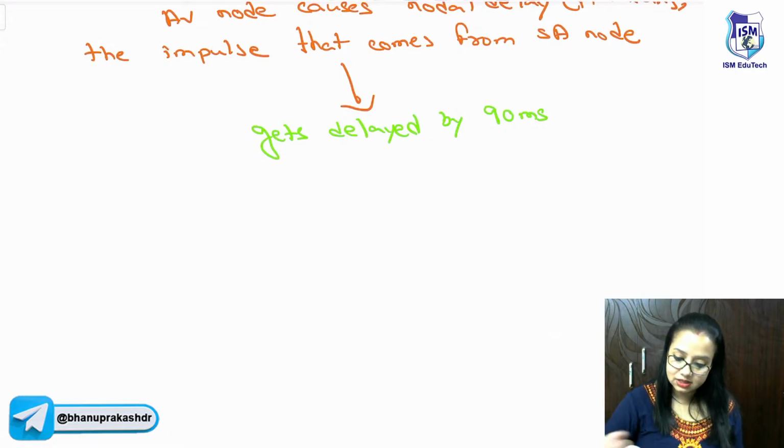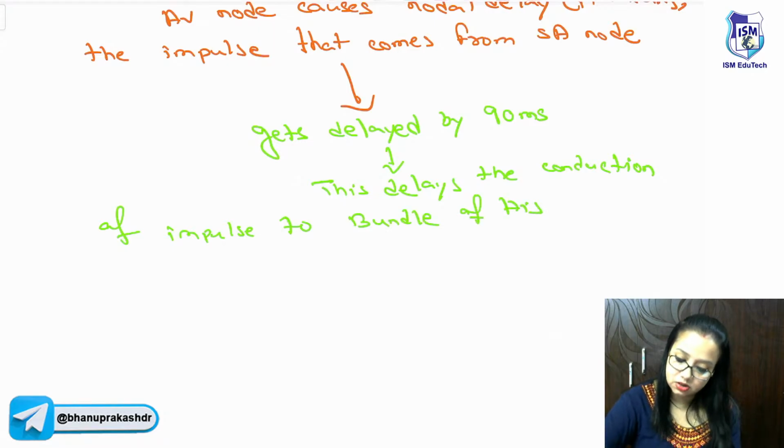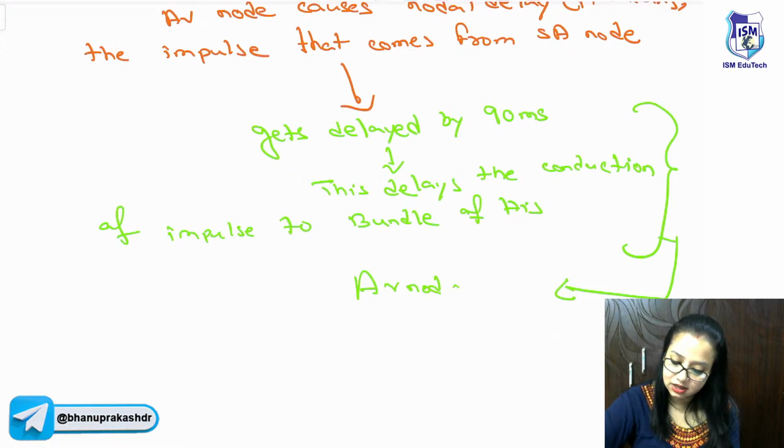This delays the conduction of impulse to bundle of His. Now, this whole phenomenon is what is called the AV nodal delay.